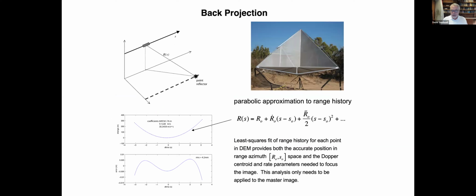So as I said before, we need to use these orbits to focus the image and to map a point on the ground from radar coordinates into lat long height, and from lat long height into radar coordinates. That's called back projection.